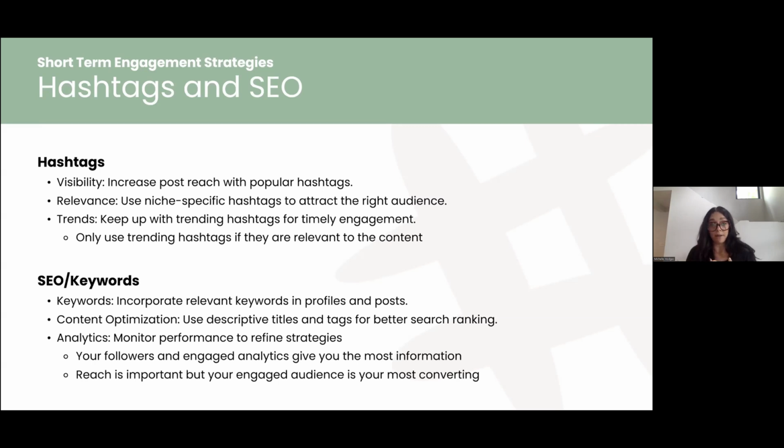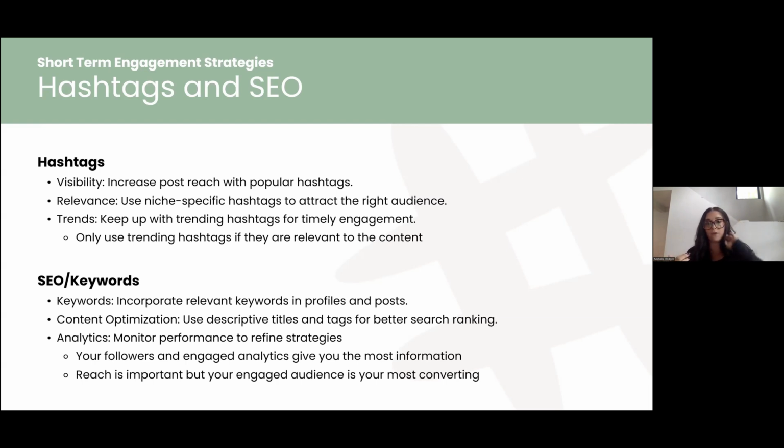They need to be relevant. So you want them to be relevant to your industry, who you are, what you're doing, what the post is about, so that it attracts the right audience, and keep up with trending hashtags for timely engagement. So if something is trending in the industry, like let's say in the design world, having something red in your room is trending, you could use that as a hashtag.